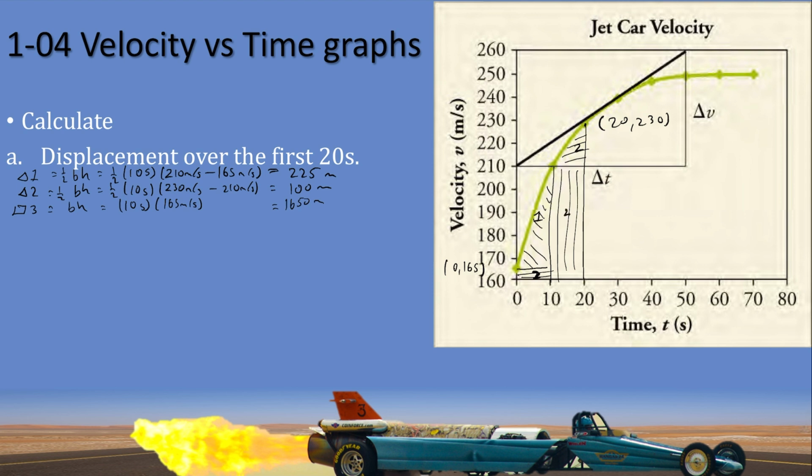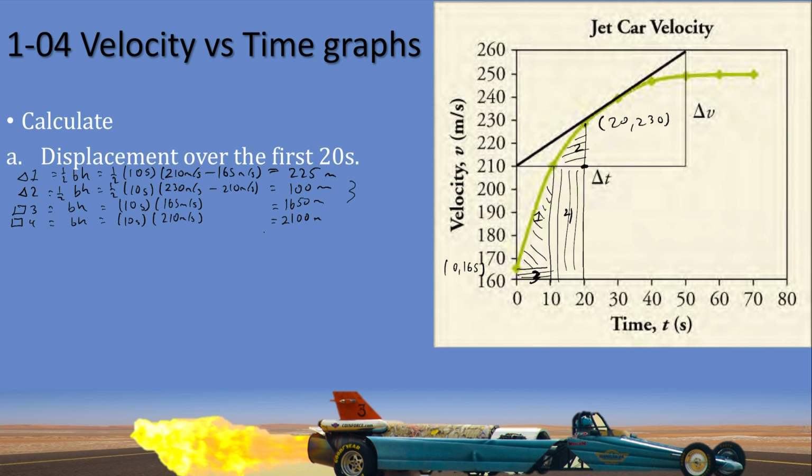And then rectangle 4 there, base times height. Base is 10 seconds. The height is up to there, which is 210. Gives us 2,100 meters.